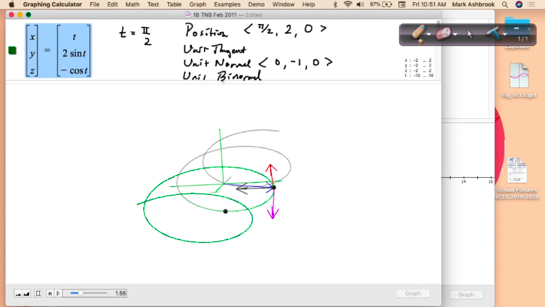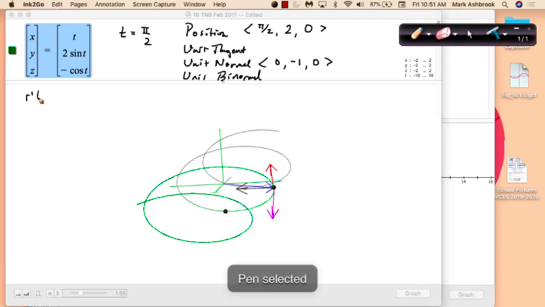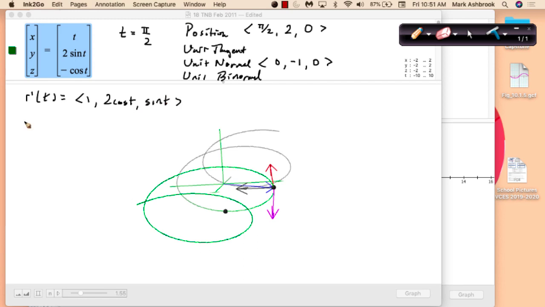So do that. r prime of t is 1, 2 cosine t, sine t, and we're at pi halves, so r prime of pi halves is 1, 0, 1. Is that the unit tangent vector?